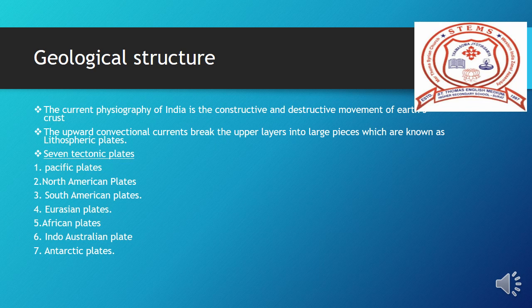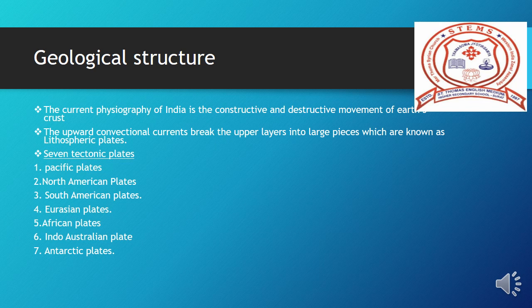The upward convectional currents, that is the pressure of the heat waves, break the upper layers into large pieces known as the lithospheric plates or tectonic plates.